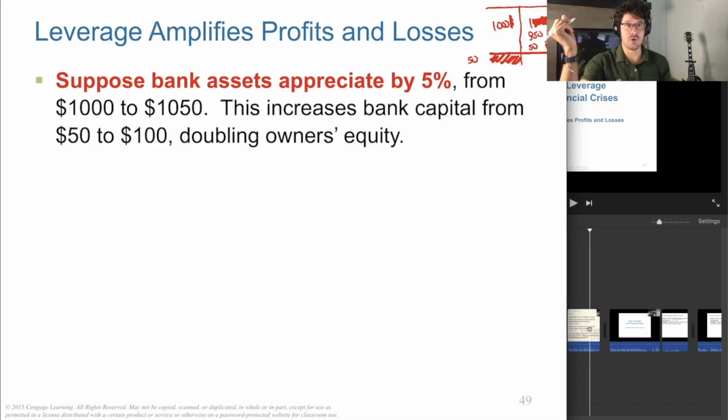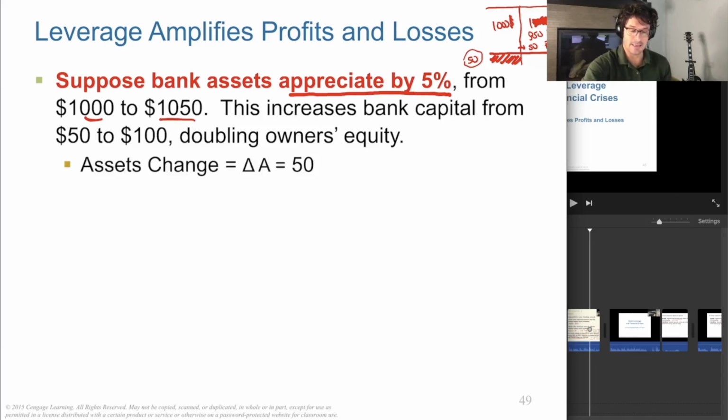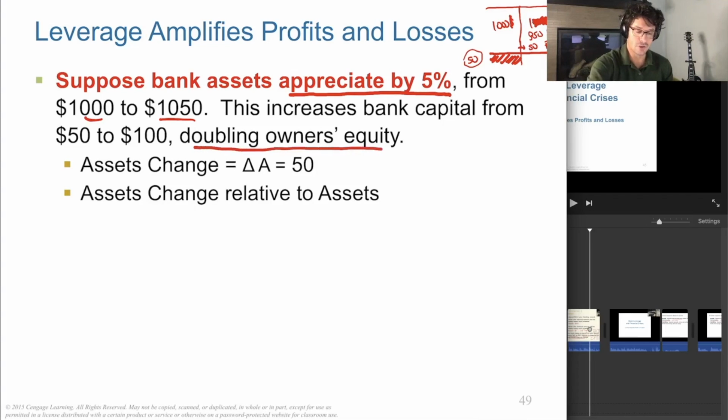So think about your investment position. You just put $50 and now you get $50 more. So your investment has a return of 100%. That's amazing. Although the assets only appreciate by 5%, passing from $1,000 to $1,050, this is almost doubling the owner's equity.